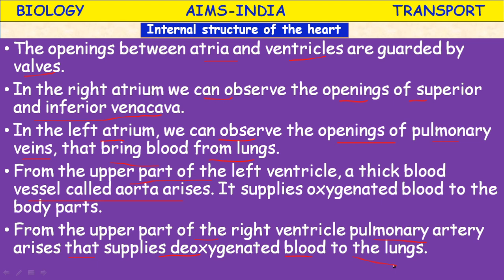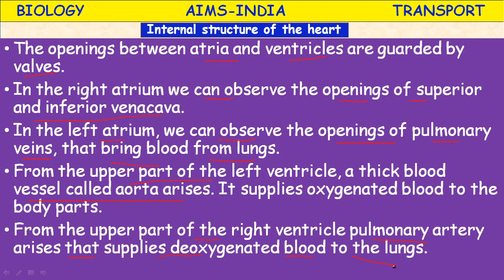So here what is happening? From all body parts, deoxygenated blood is received by the right atrium. That right atrium pumps blood into the right ventricle. From the right ventricle, the pulmonary artery is the blood vessel which carries deoxygenated blood to the lungs.